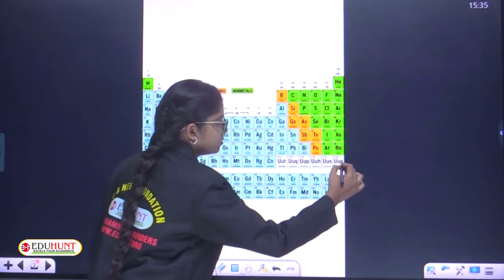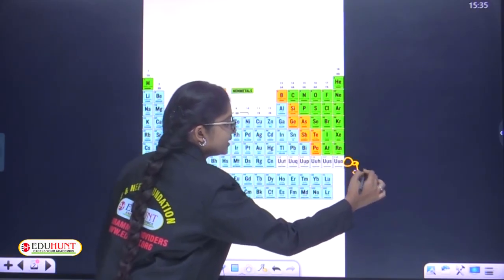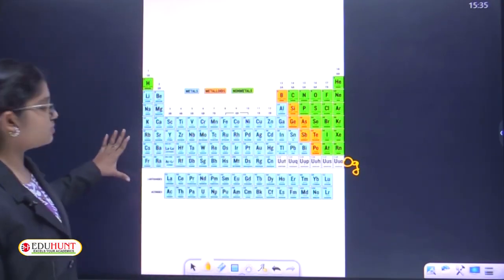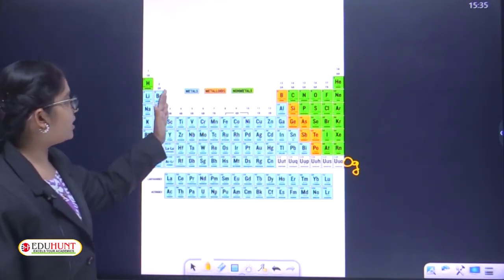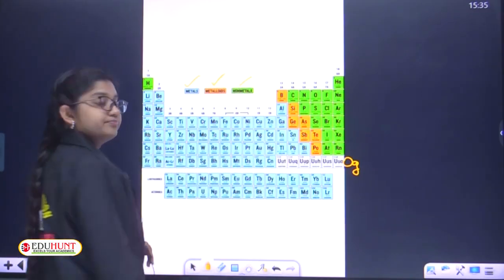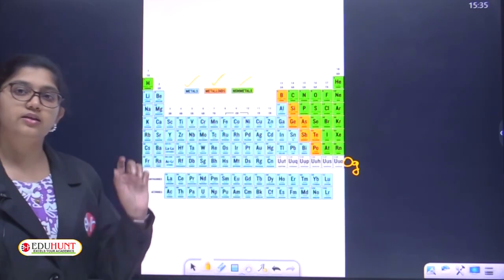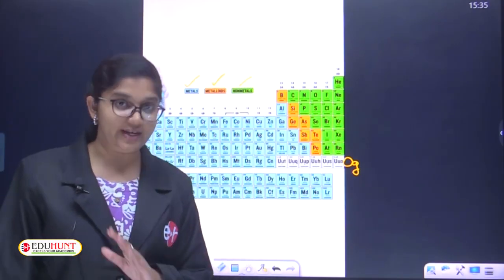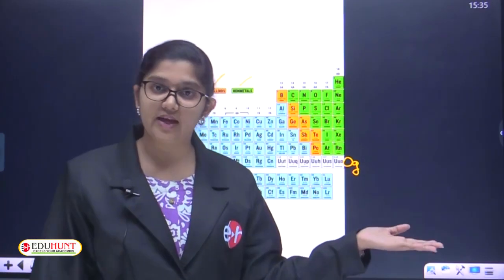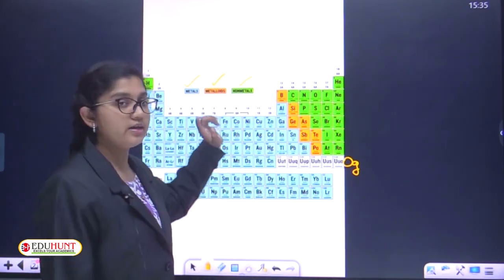This 18th element is Oganesson. In this picture, I selected it to show you the number of metals, non-metals and metalloids. We discussed that there are 91 metals out of 118 elements, around 24 non-metals including noble gases, and the other 7 will be metalloids.